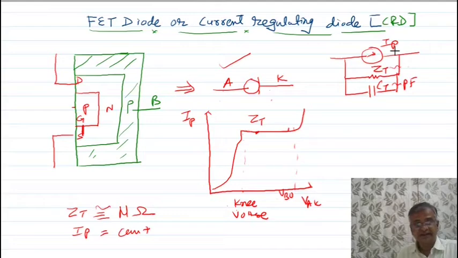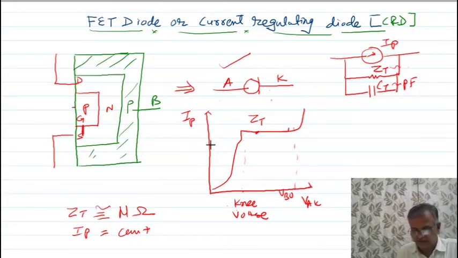And this property can be used in a voltage regulator circuit. We are showing two voltage regulator circuits, one circuit with the help of a Zener and a conventional series resistance RS, and another circuit with a Zener and a CRD. Let us see the two circuits and see which kind of advantage you are getting.